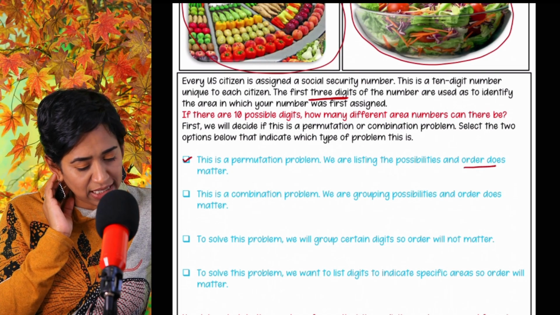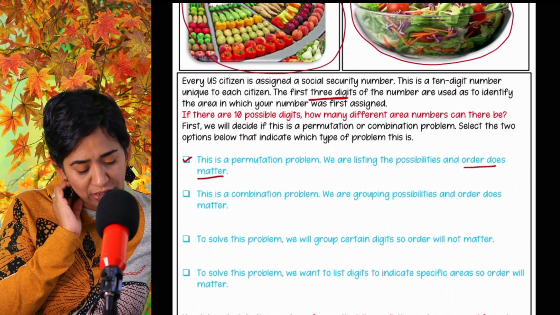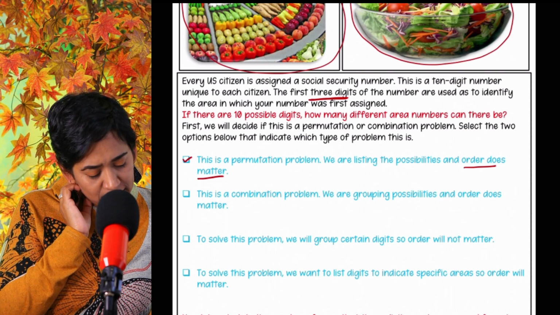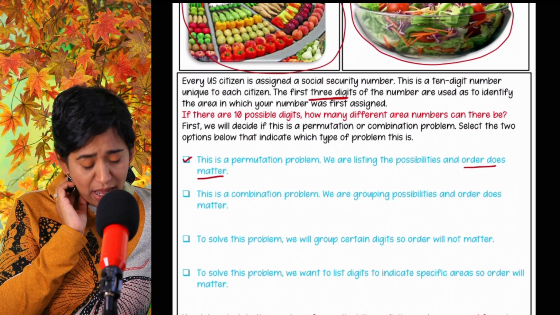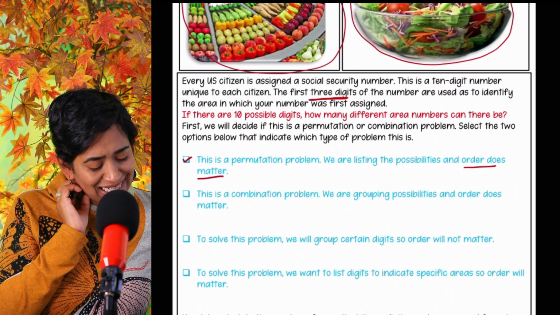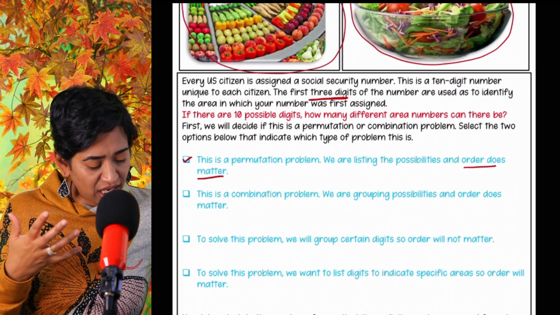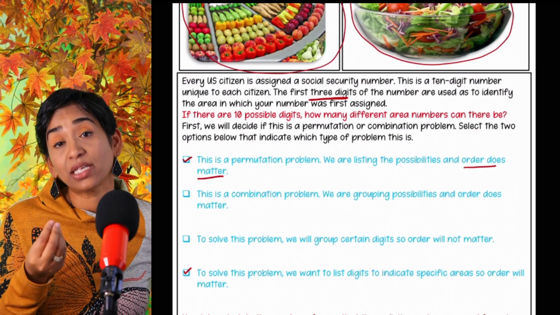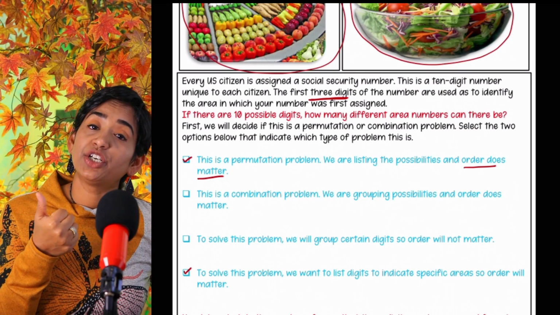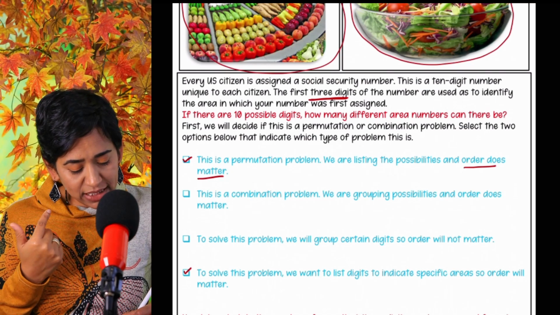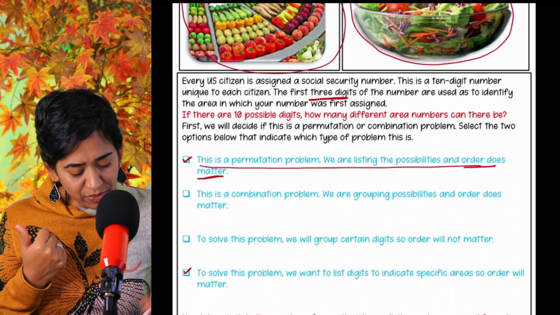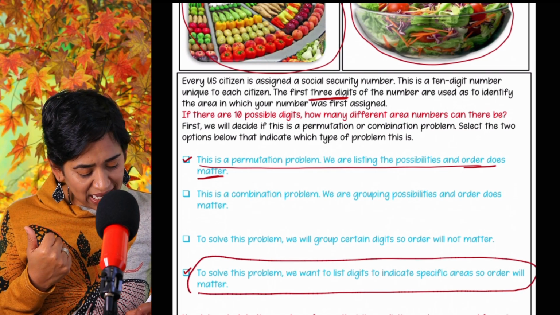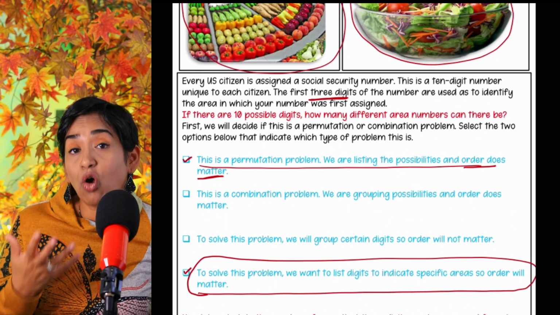They're asking us to pick everything that applies. So if you pick permutation, the order does matter. And to solve the problem, we want to list the digits to indicate specific areas, so the order will make a difference.